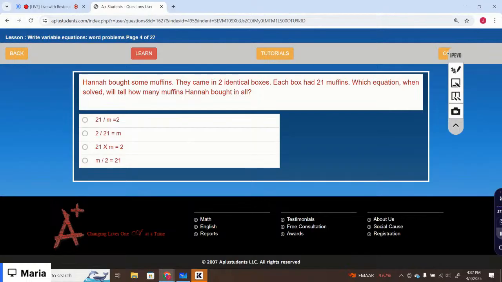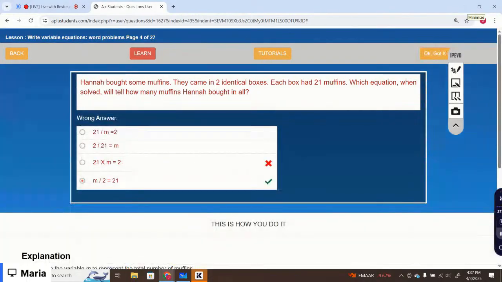Option number three is the correct option. That is M over 2 equals 21. Got it?